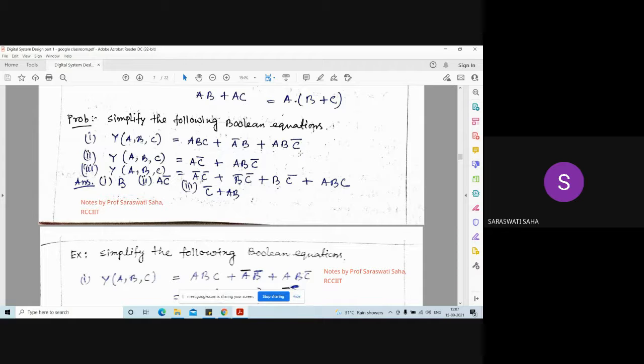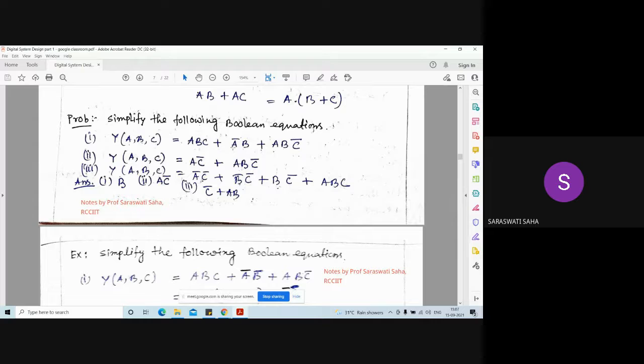So you can implement this circuit by showing this equation with the help of basic logic gates. Suppose ABC, to generate this term, this is an AND term, right? A dot B dot C. You should take only one 3 input AND gate.